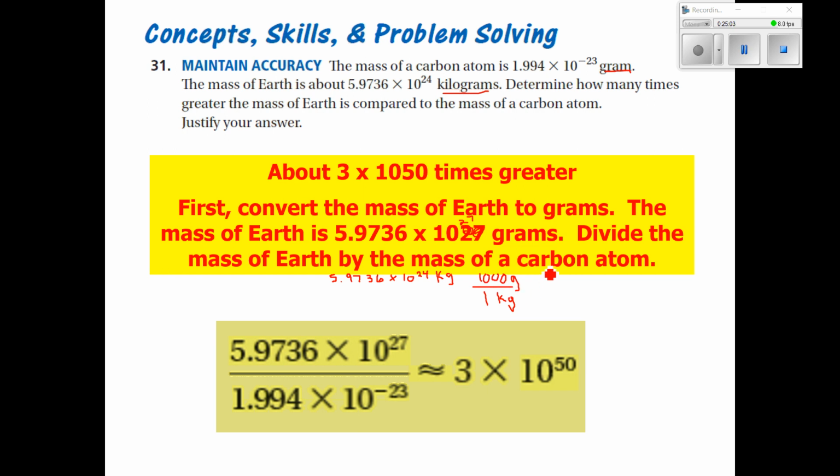We have to put it to grams since grams is smaller. When we're comparing these grams up here, we have to compare it to grams, not kilograms. So this is over 1, which means I can cross off kilograms on the top and bottom.